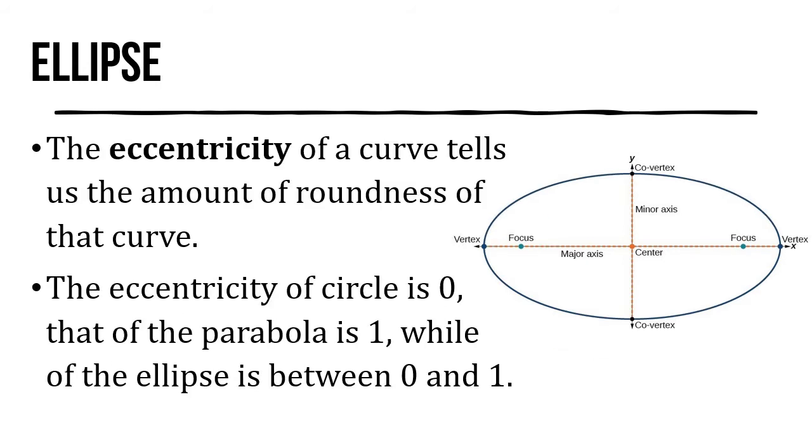The eccentricity of a curve tells us the amount of roundness of the curve. The eccentricity of a circle is 0. That of the parabola is 1, while that of the ellipse is between 0 and 1. So we can express it as 0 < e < 1, where e is the eccentricity of the ellipse.